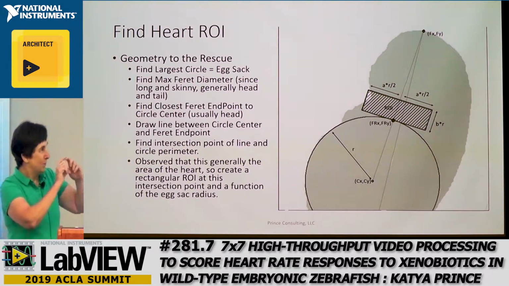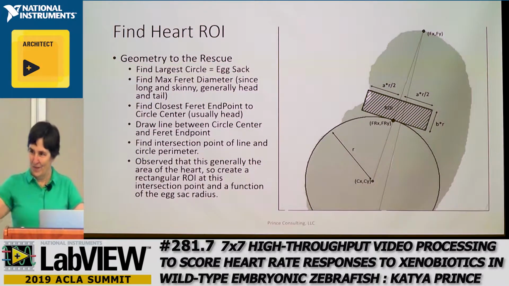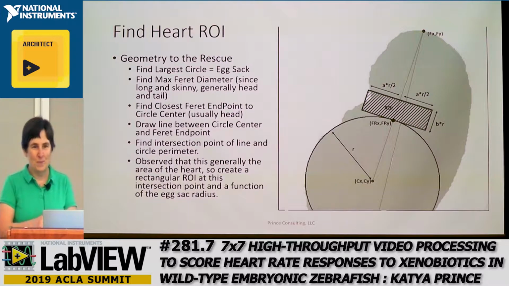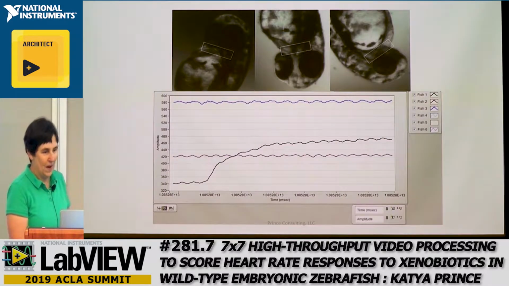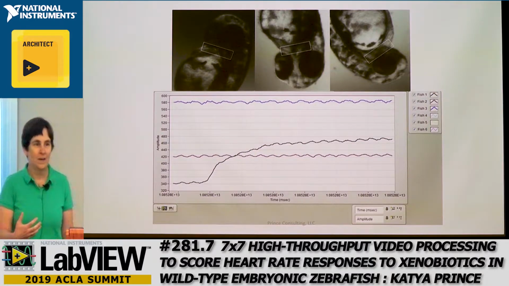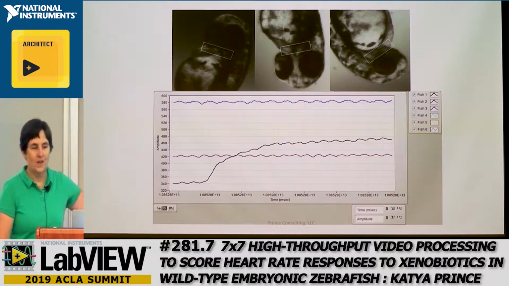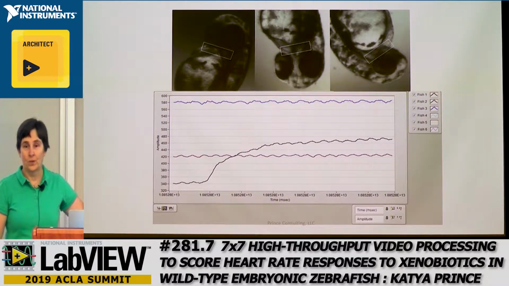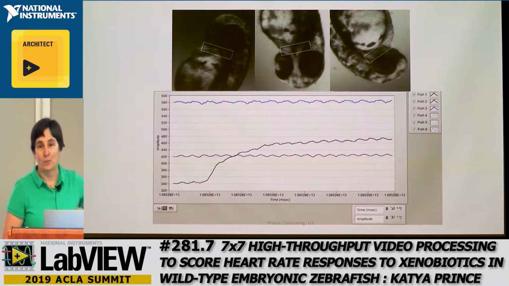So then you can basically create a region of interest in there, process all your images, and then come up with basically an average intensity over time. And this is the type of graph that you're going to get. You can see that in the top image, these were the 3 fish, and then that was the result of the data that we got. The black line there was a fish that actually moved a little bit.